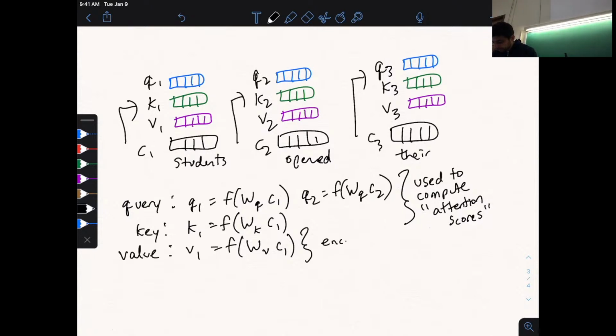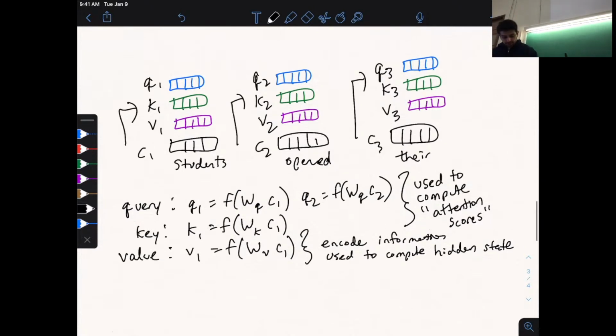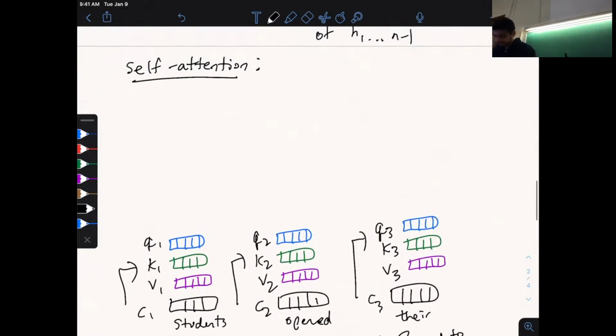So it's used to encode information used to compute the hidden state. This probably won't make any sense right now, but when we look through a step of the operation of this mechanism, it will make more sense. So let's get started with that.